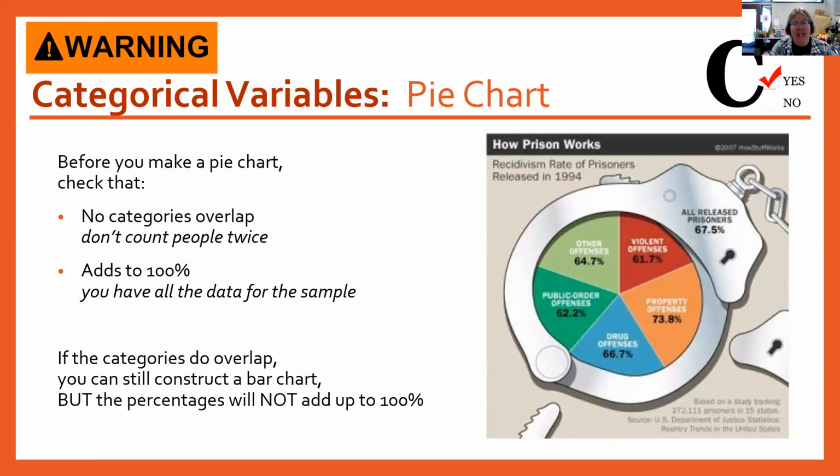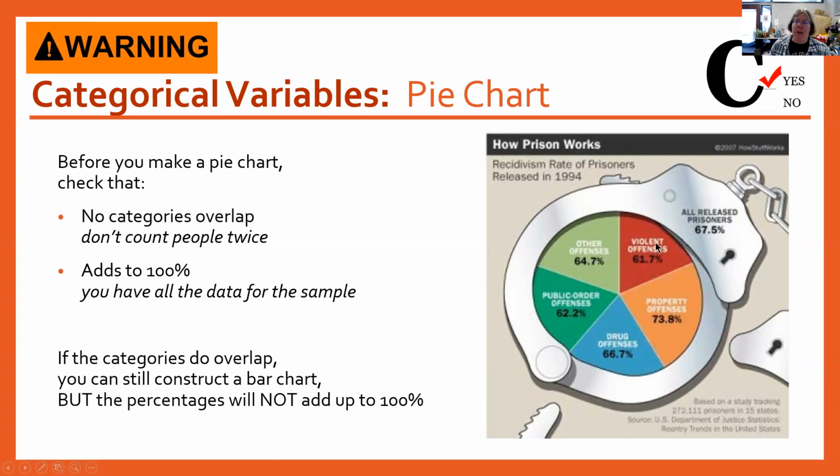That means for prisoners released in 1994, if they committed a crime that sent them back to jail, which is what recidivism is, then it was recorded what that crime was. Violent offenses were about 62%, property offenses 74%, drug offenses 67%. We're already over 100%, so we definitely have a problem here.